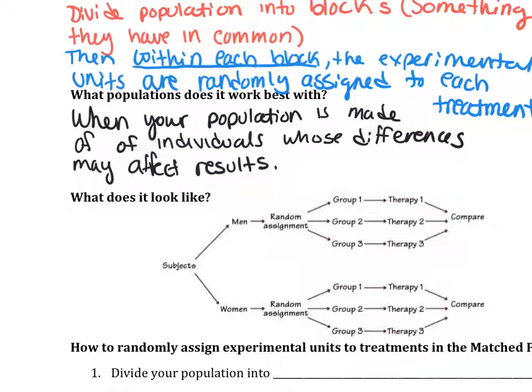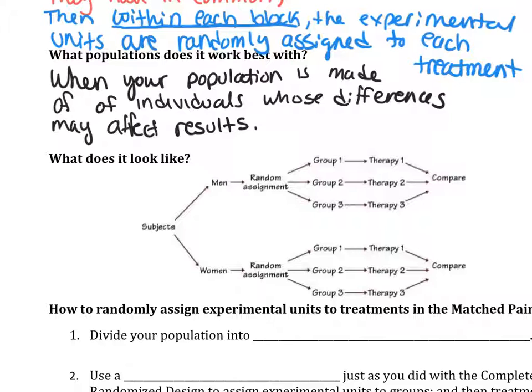All right, so what it looks like with our diagram here. You start with your subjects, all your experimental units, and then you split them up into groups by some similarity. So in this case, it was gender.